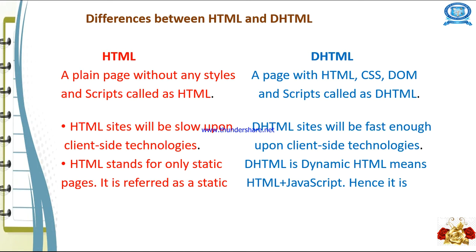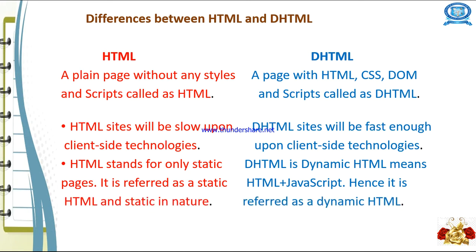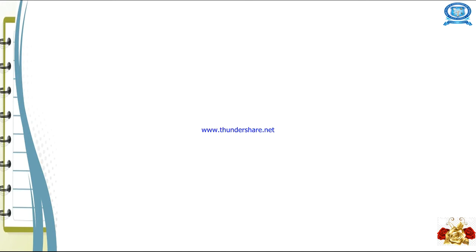It is referred to as static. DHTML is named itself dynamic. Dynamic HTML means HTML plus JavaScript, hence it is referred to as dynamic HTML. These are some of the basic differences between HTML and DHTML.